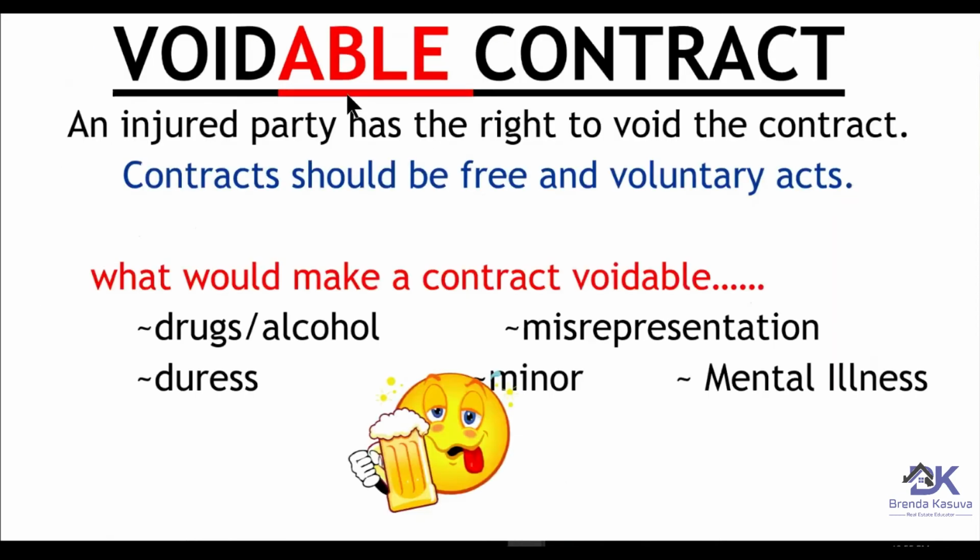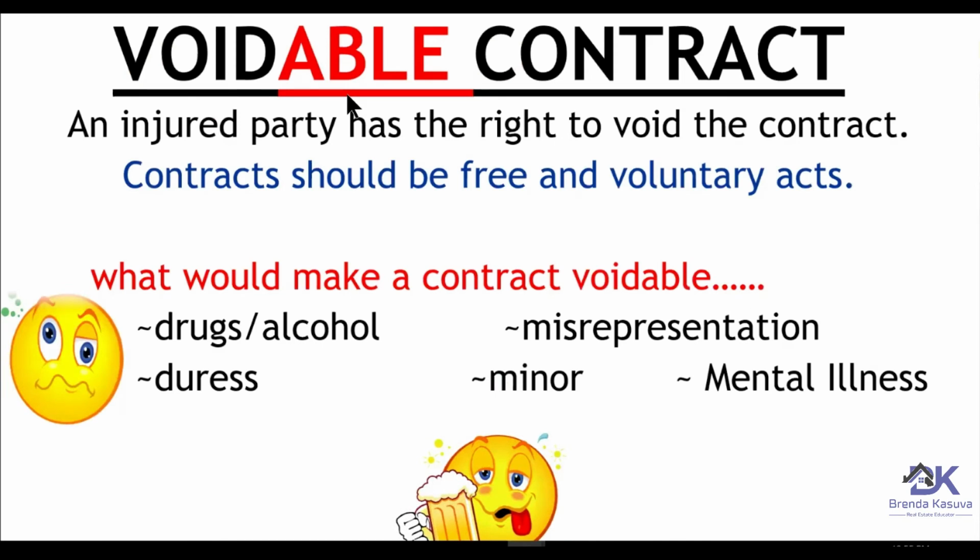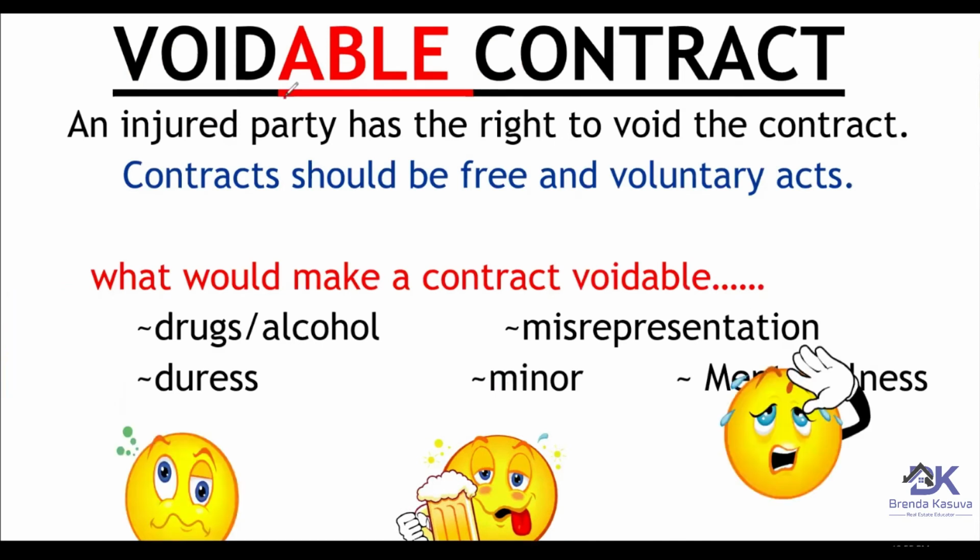Voidable, and this is why I break it down, voidable, this is a contract that's able to be voided. It's not automatic, but it's able to be voided. So what does that mean? We could have a contract with a minor, but if no one speaks up, if no one knows, that's a valid contract.